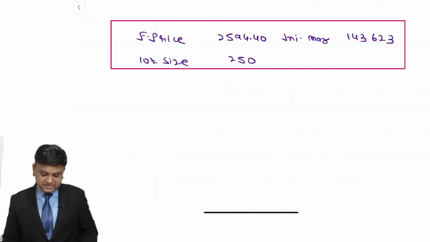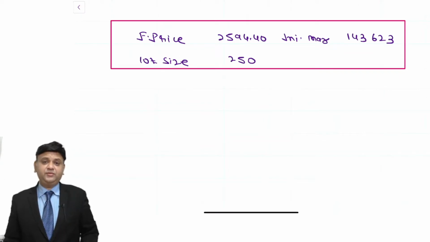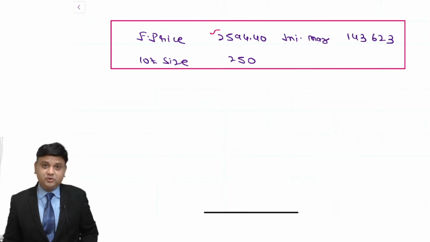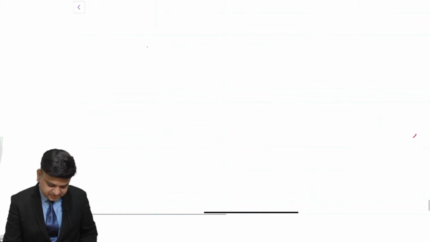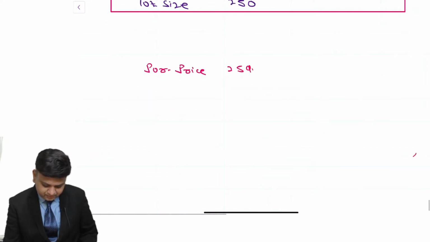Now suppose I enter into the futures contract for 25th of November to buy the security at 2594.40. That is the price at which I take a contract to buy. So for me what will happen? The purchase price is 2594.40 into 250.